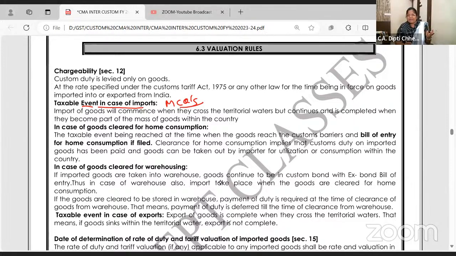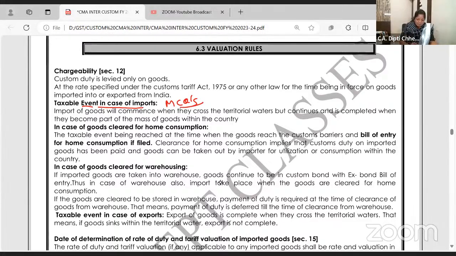We call it in income tax: owner-tenant relationship, house property is section 22 chargeability; employer-employee relationship, section 15 chargeability. Like that, this section says that in case of import, you can't say, you have come in the 12 nautical miles, wait, first pay the duty, then come inside.